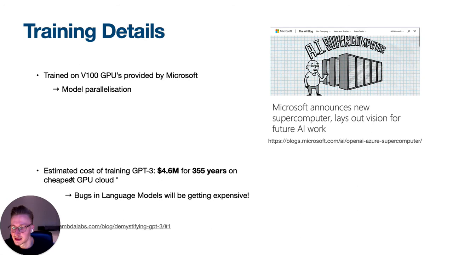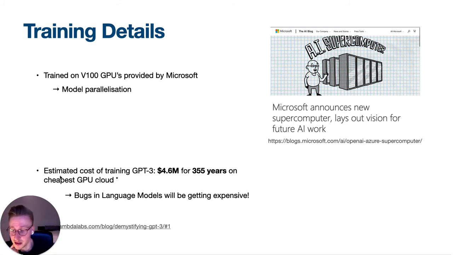The specific cost for training GPT-3 wasn't mentioned in the paper, but some people guessed it based on the computation numbers in the paper and came up with $4.6 million if you would run it on the cheapest V100 GPU available from a cloud provider for 355 years. I added a link for the specific calculation if somebody is interested.